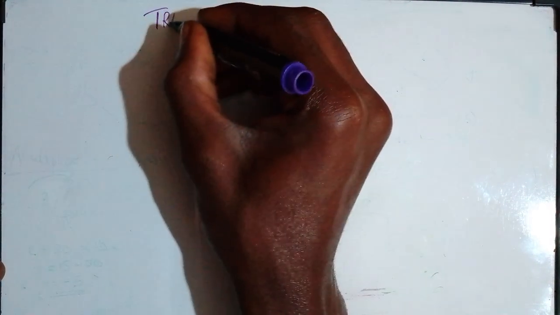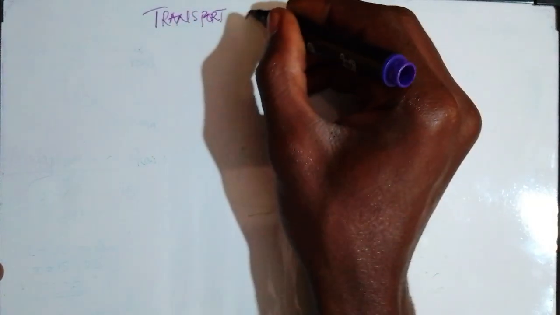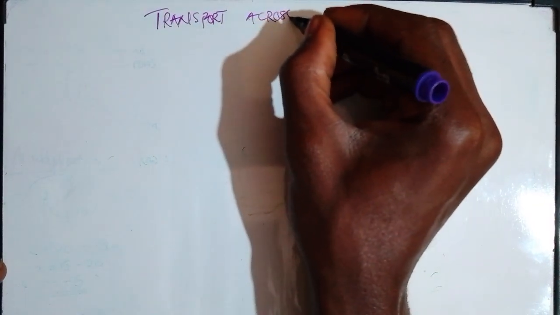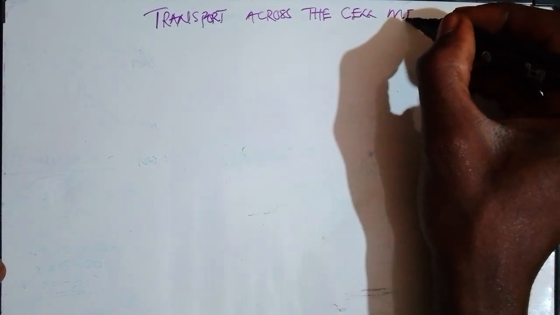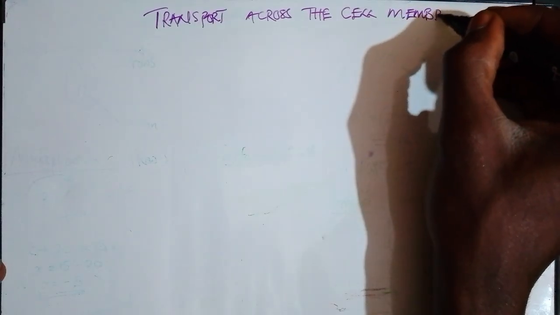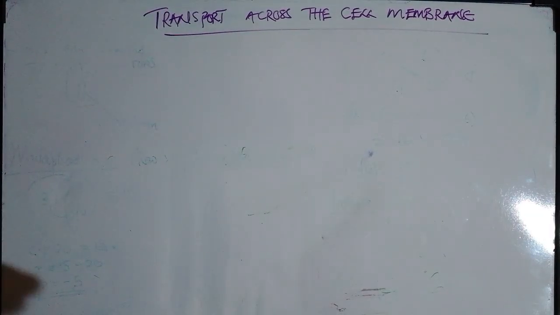So to begin, we said that we are going to be looking at transport across the cell membrane. So what should come into your mind whenever you hear transport across the cell membrane?